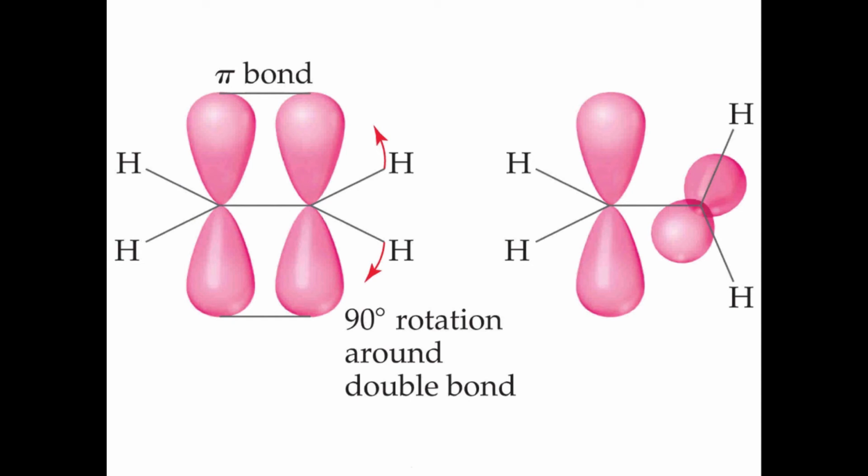Here's a more explicit diagram of this same exact principle. We create a pi bond between overlap of adjacent p orbitals. Twisting around one end of that knocks the second p orbital out of alignment. And the conclusion or the interpretation here is that this should not be possible if we want to hold the pi bond intact. And in general, there are all kinds of examples of this being forbidden in chemistry.